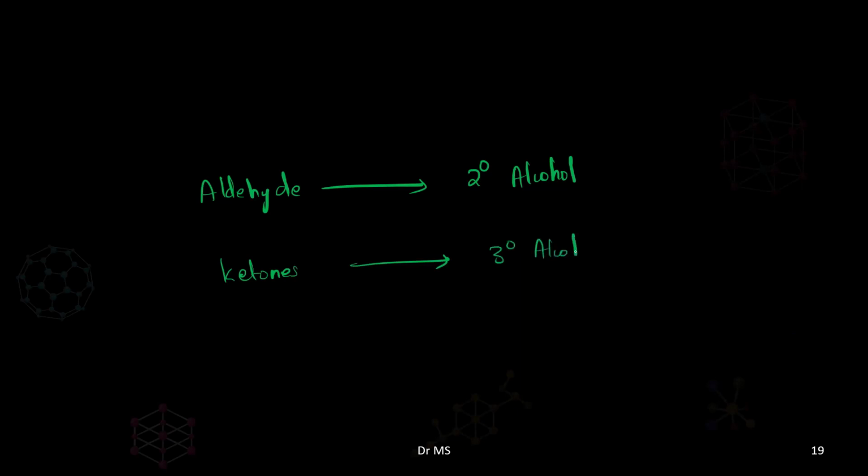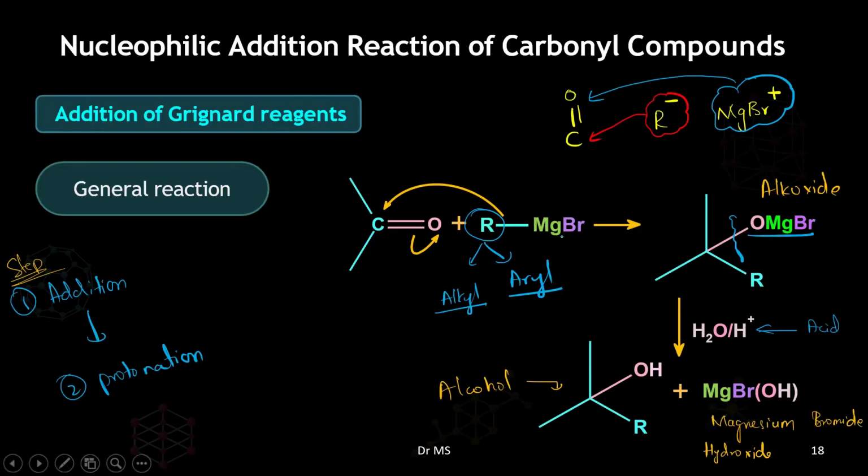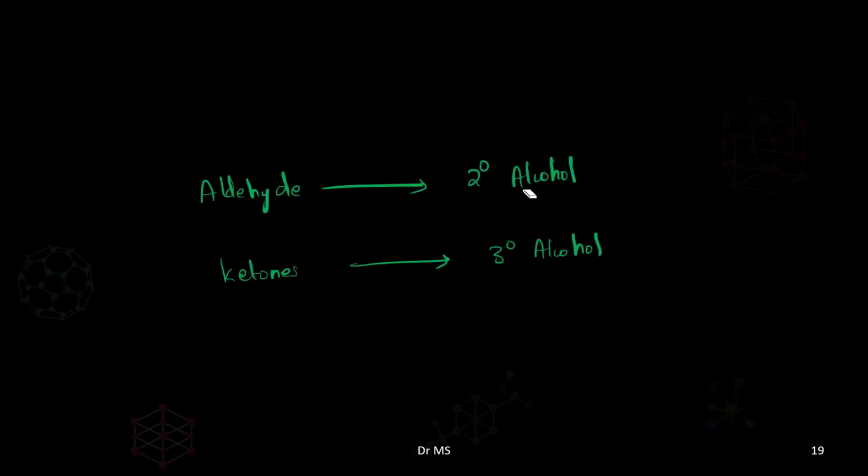You can understand why it could be a tertiary alcohol. For suppose this is R and this is R, then in this case, this will be R, this will be R, this will be R. So it's a tertiary alcohol. Or if it is an aldehyde, this will be hydrogen, and you see here two alkyl groups are there. So this is a secondary alcohol. Is that understood? Why do aldehydes form secondary alcohols? Why do ketones form tertiary alcohols?